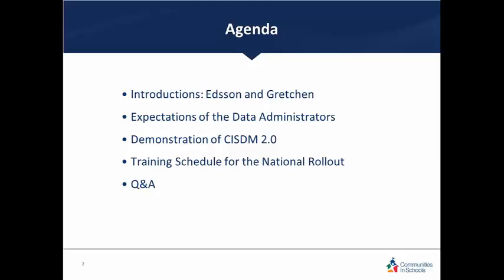Again, I'm tasked with leading this effort, and we've been running a successful pilot as of last school year, really building out the system. Before we get into the expectations in our second bullet, I want to give you a brief overview of our pilot and the understanding of CISDM 2.0 and where we are. When we started, a little before the beginning of last school year, we chose our vendor in Caseworthy and their system, which is also cleverly named Caseworthy.